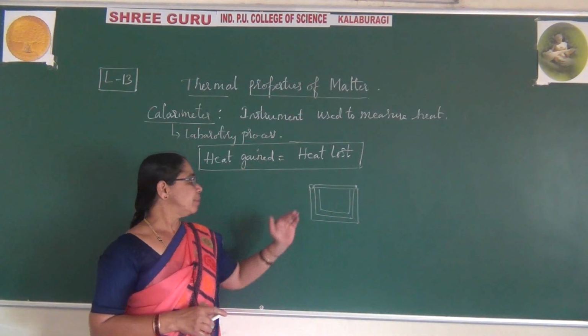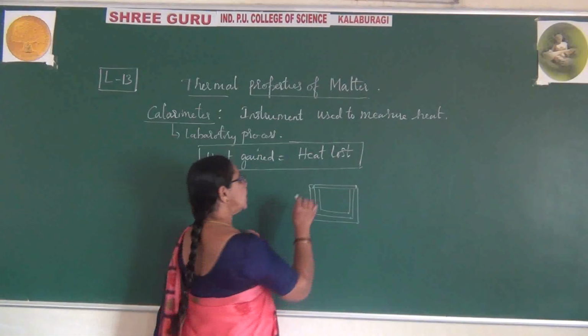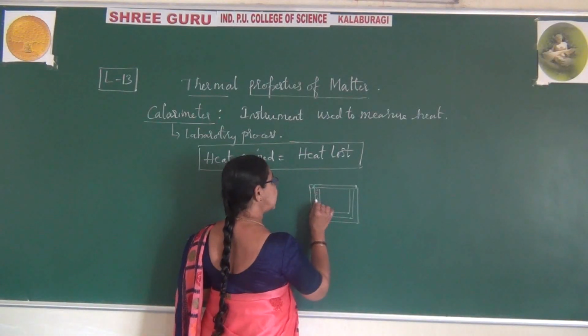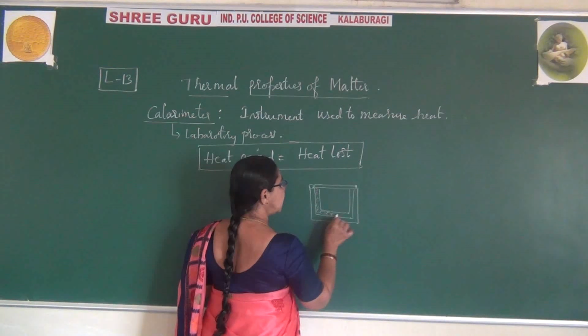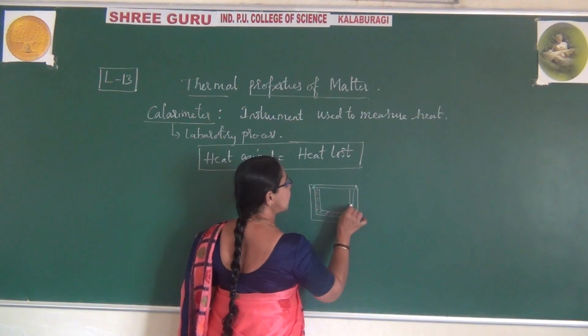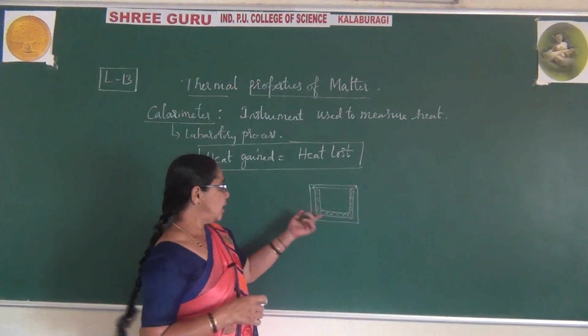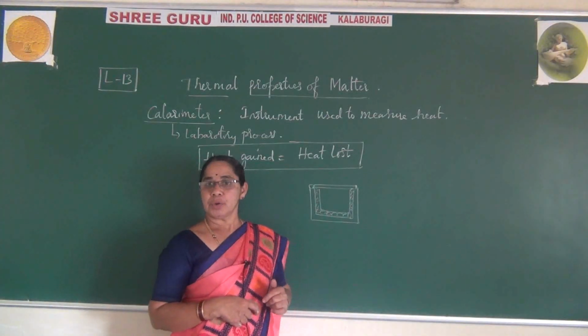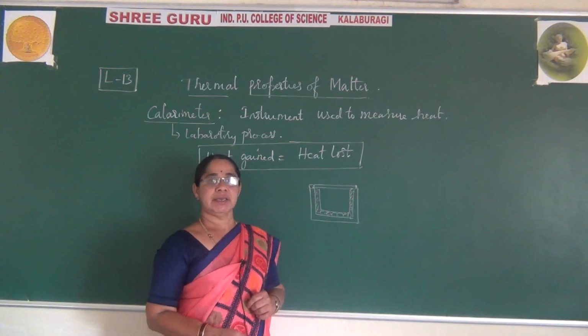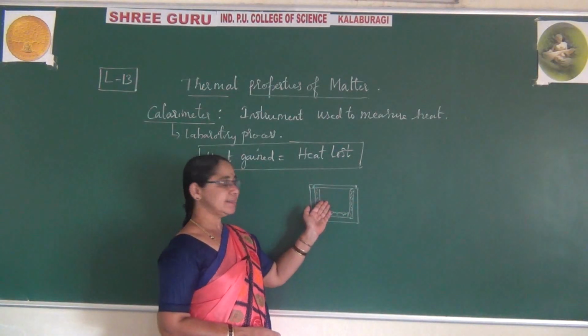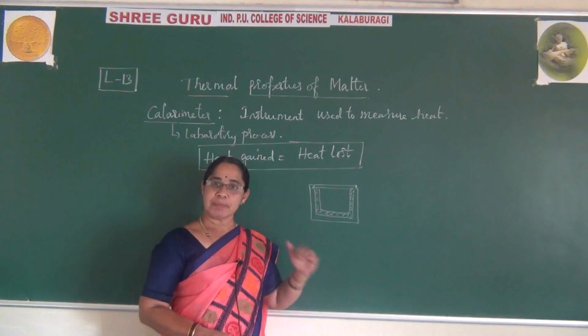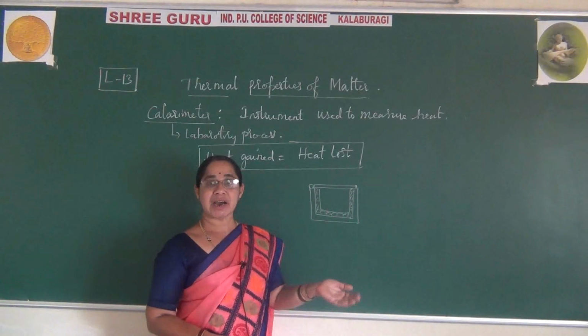Remember, in between this we have placed some sponge. This sponge is acting as a heat resistant. Already we have wood. Wood does not conduct heat. So whatever heat is inside will not be conducted to outside or from surroundings.